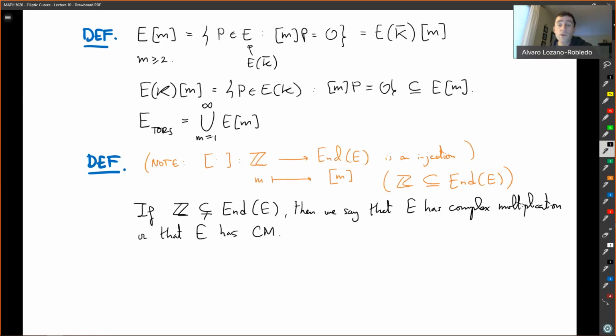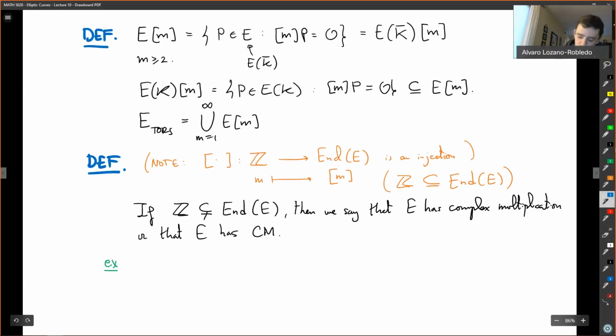The theory of complex multiplication is very rich, but it is an advanced topic. In the second volume of Silverman, Advanced Topics in the Arithmetic of Elliptic Curves, there is a whole long chapter dedicated to elliptic curves with CM. We've seen an example of an elliptic curve with complex multiplication.